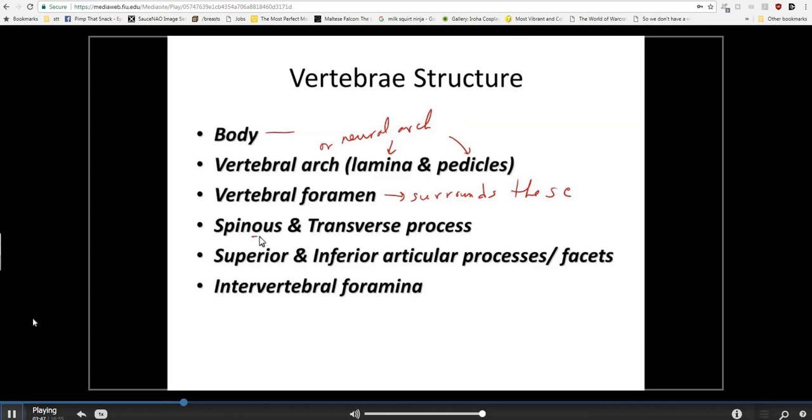You have your spinous and transverse processes, and superior and inferior articular processes and facets. These are the interlocking parts of the vertebrae, how they interlock with the vertebrae above and below them, forming joints. And your intervertebral foramina are the exit points for the spinal nerves.